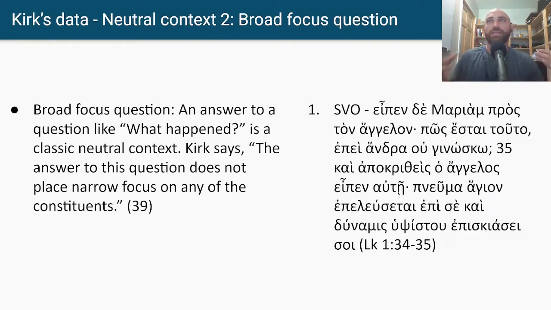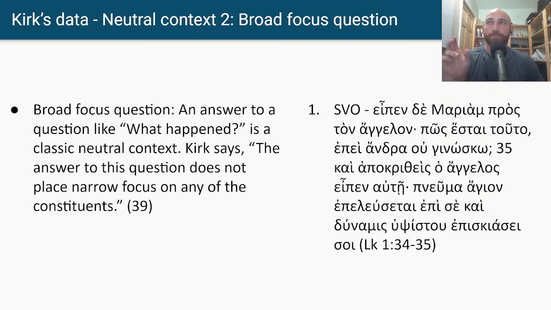So the idea is, how will this happen if I've never been with a man? And then it says, "Kai apokrites ho angelos, epen aute." And then the angel answers her, "Pneuma hagion epeleusetai epise, kai dynamis subsistu episkiase soi."